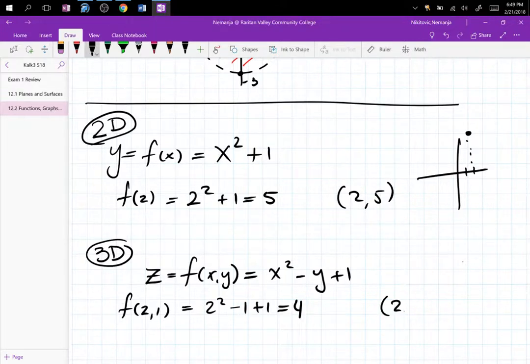So you have 2, 1, 4. Two input values, and the last value is the single output value. So over here, in 2D, split input output. For 3D, split input output. Output is the third value in the point.